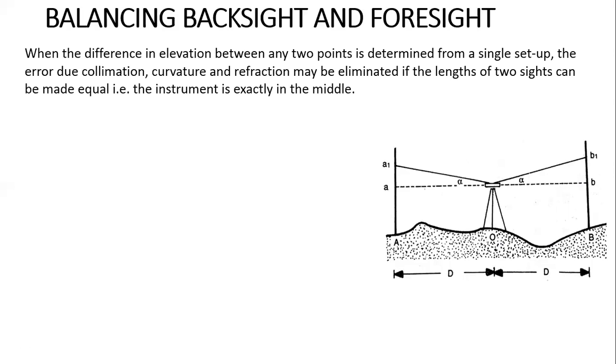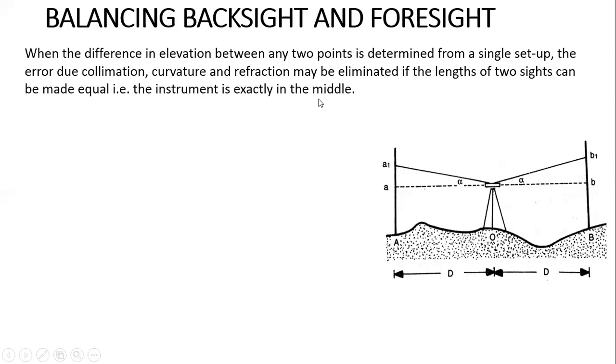When you have to find out the difference in level between any two points from a single setup, the errors due to collimation, curvature and refraction may be eliminated if the lengths of the two sides are made equal. So this means that the instrument is exactly in the middle.